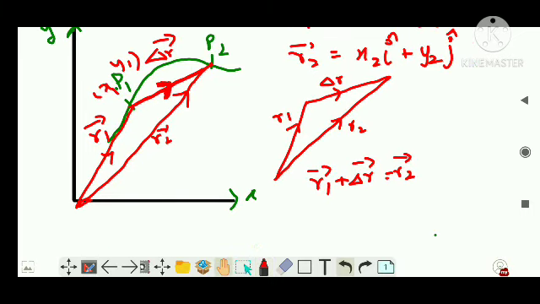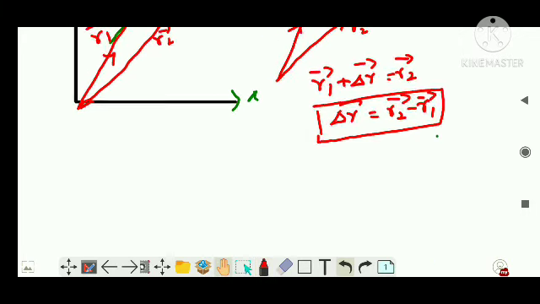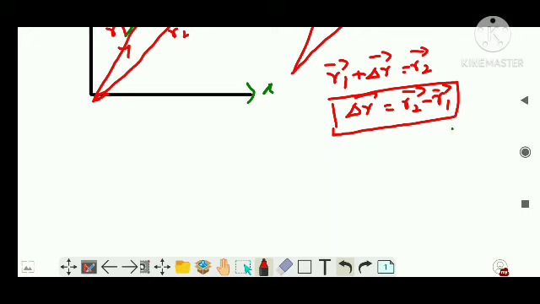Or I can write delta R vector is equal to R2 minus R1 vector. This is how that section comes. So delta R, that is the displacement vector, is equal to second position vector minus first position vector, or final position vector minus initial position vector.